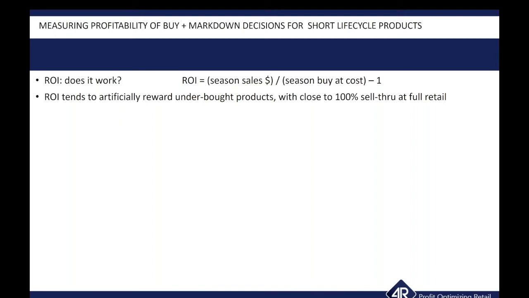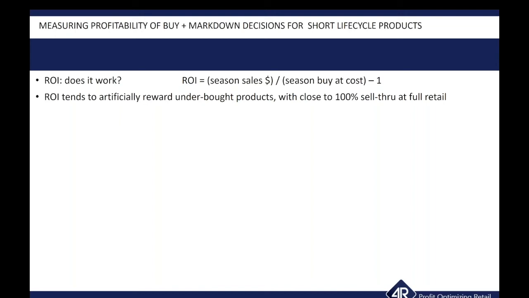Another way of looking at this is the ratio of season sales to season buy at cost minus 1. The reason why return on investment doesn't work very well in telling us how well we did is that it tends to artificially reward underbought products where demand far outstrips supply.